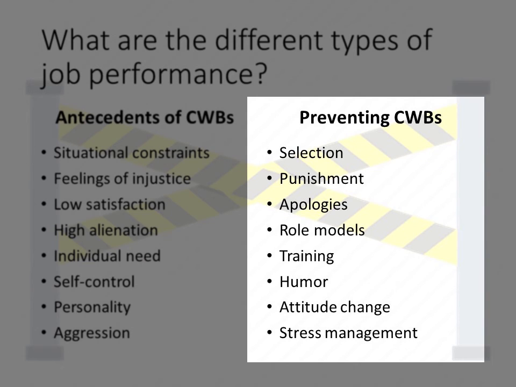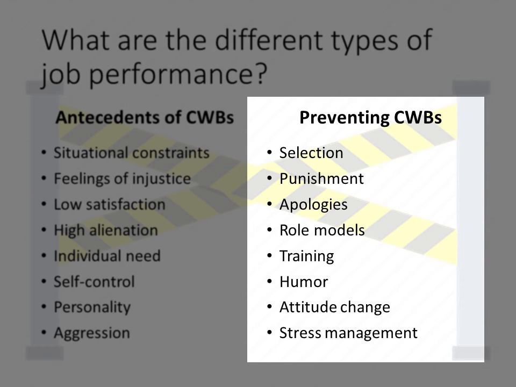To prevent counterproductive work behaviors, we need several different systems working together. The selection and training systems have a role to play in choosing people who avoid counterproductive work behaviors and training people to avoid counterproductive work behaviors.